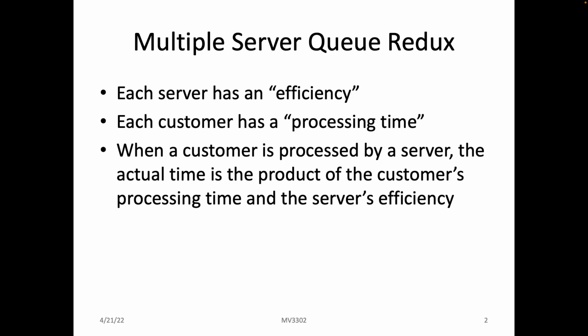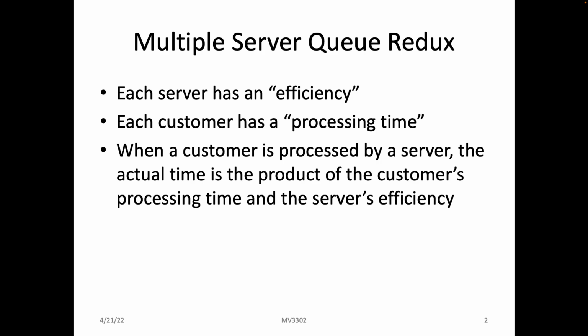Well, it might be if we're a fabrication shop or a machine shop, where we may get jobs of different sizes. And we might have newer, faster, zippier machines, which would have efficiencies less than 1, and then older machines that have a greater efficiency.